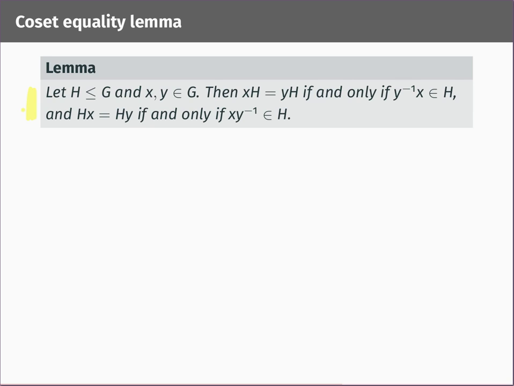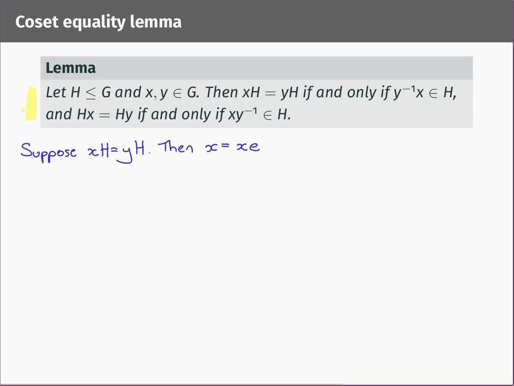So let's first of all suppose that xH is equal to yH. And we're then going to prove that y inverse times x is an element of H. So then, what can I say? I can say that x is an element of xH, because it's certainly equal to x times the identity element, which I will write with an e as usual, and H is a subgroup, so it contains the identity element.